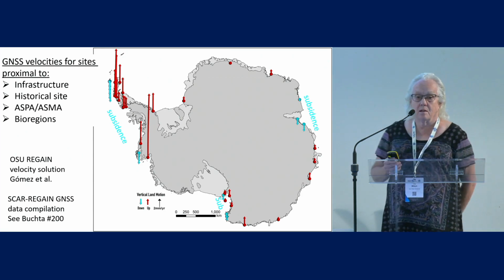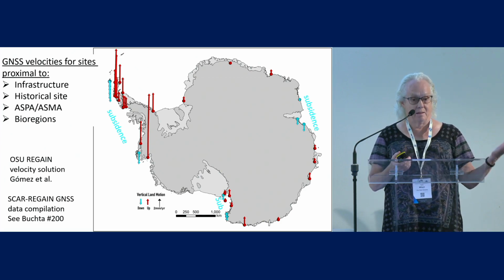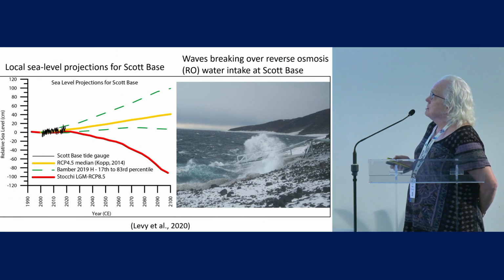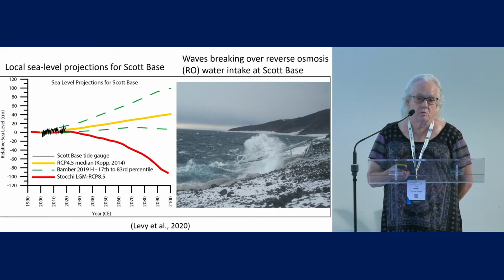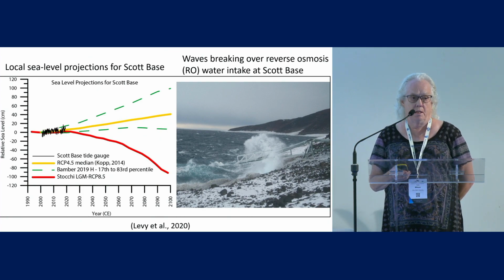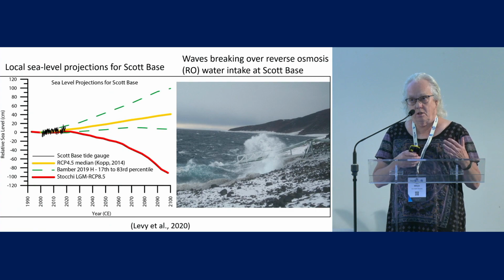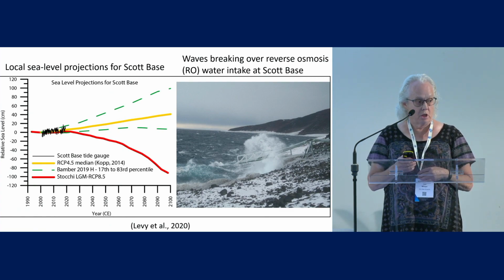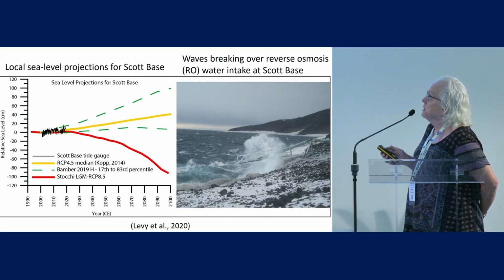If they're going down and sea level is rising, you've got a greater impact on whatever it is that you're concerned about. Our next steps in this project are to do sea level projections, using sea level ice sheet models coupled with GIA models to reduce the projections.